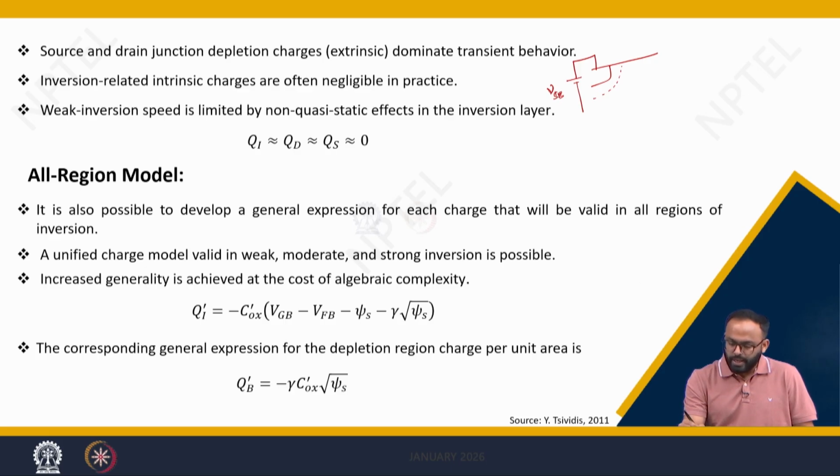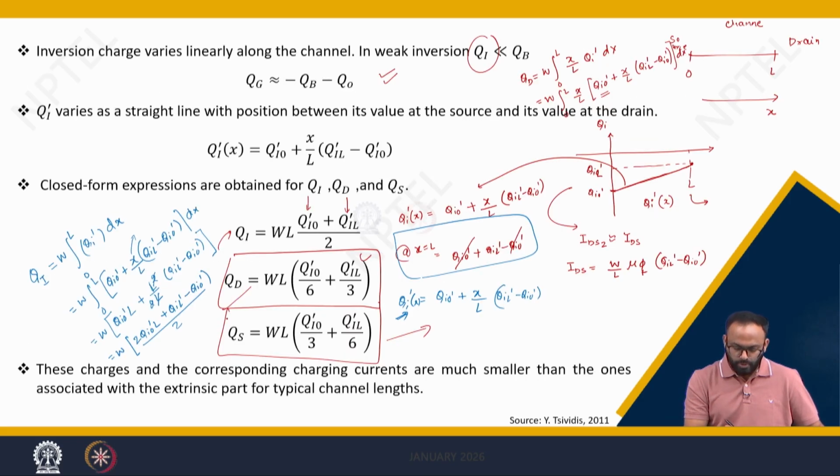If you change Vs or if you change Vb, then because of this change, the depletion region charge changes, because the change in VSB creates a change in depletion charge, and the change in this depletion charge is significant as compared to the change in these fictitious charges QD and QS.